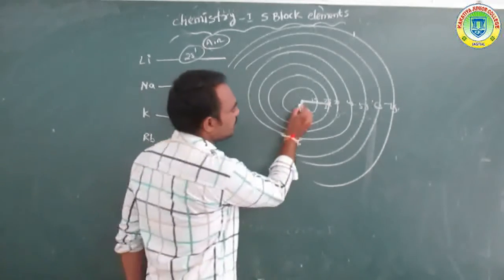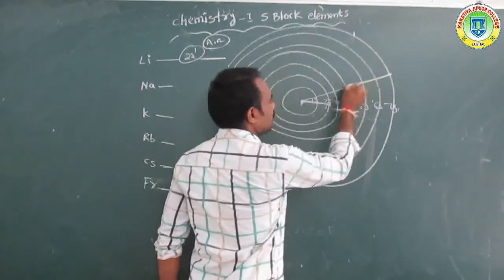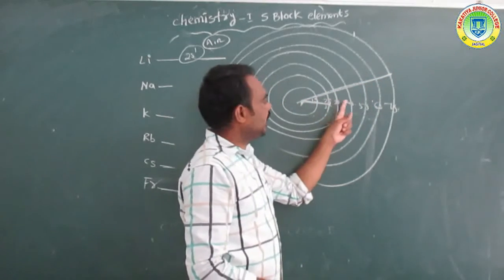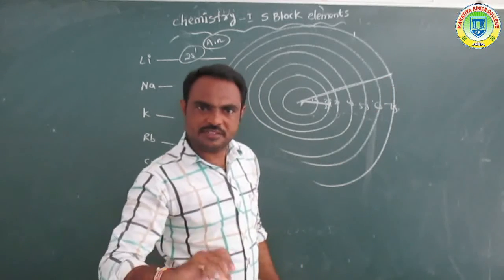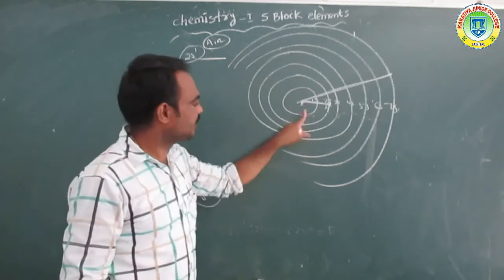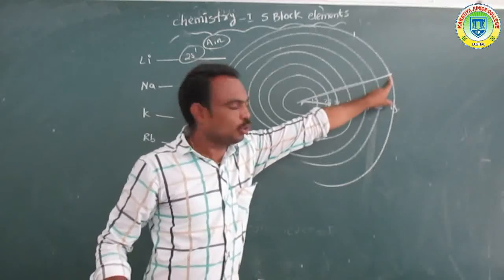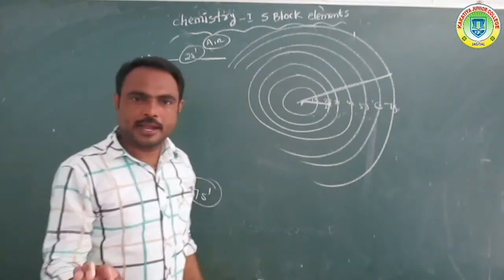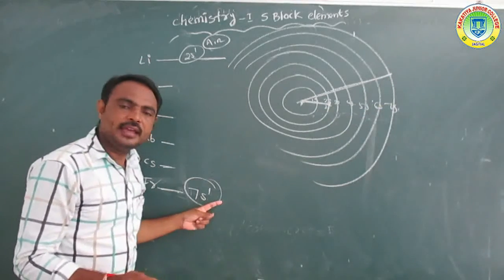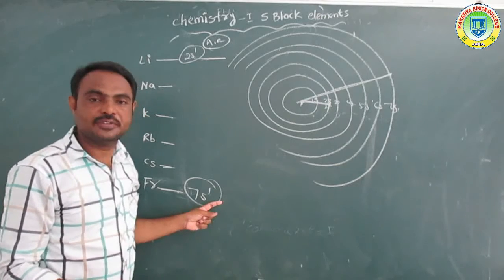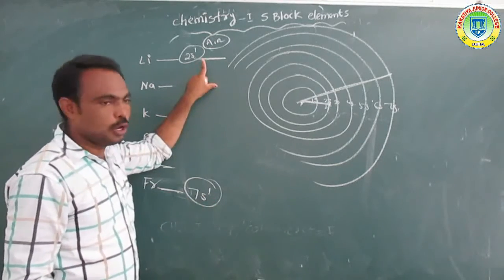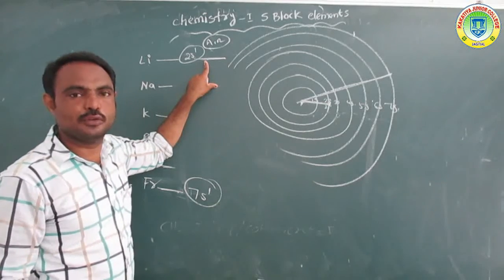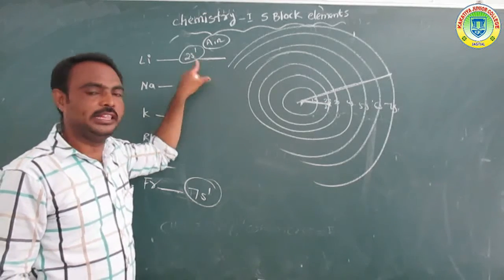So 7s1 means, 1, 2, 3, 4, 5, 6, 7. 7s1. The distance is very high between central to outer shell. So at that time, very high atomic radius value for the element francium, and very low atomic radius value for the element lithium.